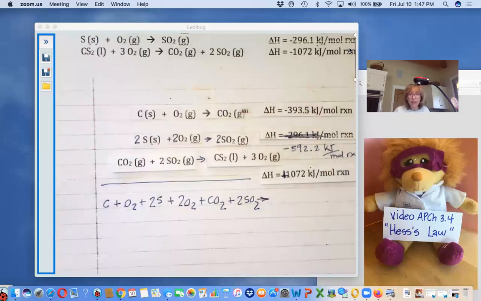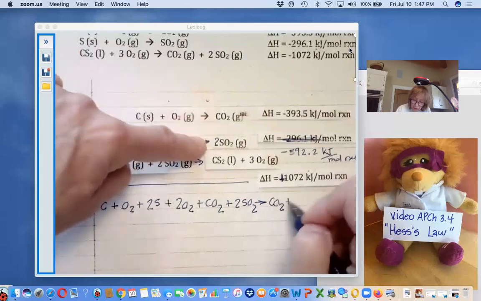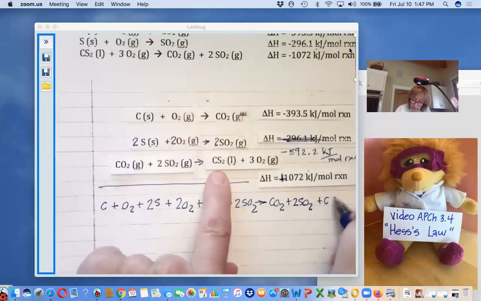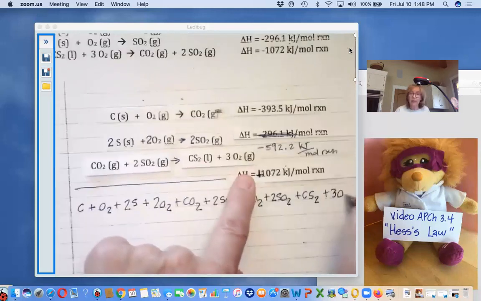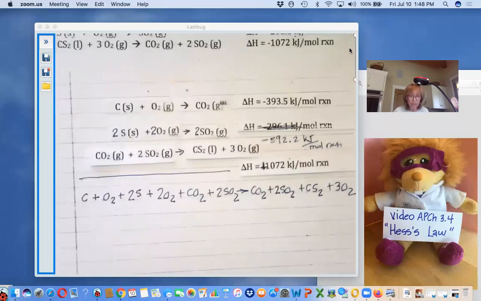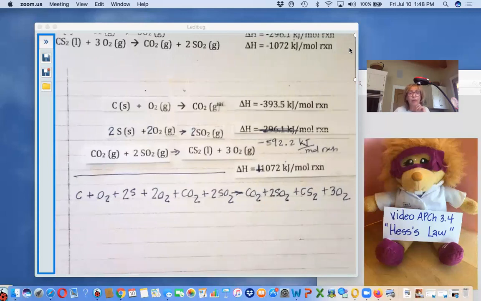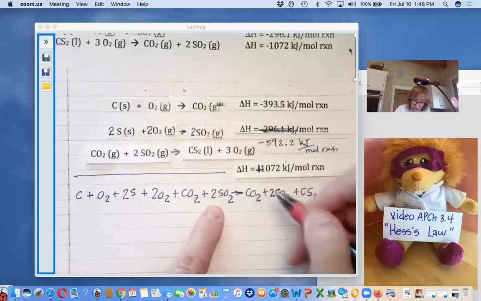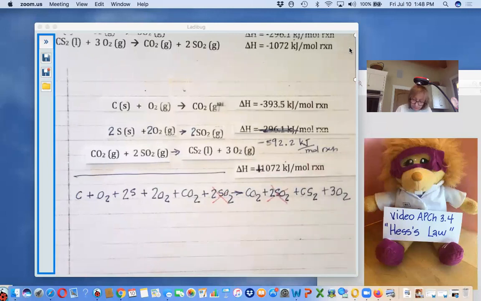And on the product side, I have CO2, and I have 2 SO2, and I have carbon disulfide, and I have 3 oxygens. Okay, that's a hot mess. Let's clean it up. Do you see anything that's exactly the same on both sides? And I see 2 SO2s and 2 SO2s. If I subtract that from both sides of the equation, I'm good.